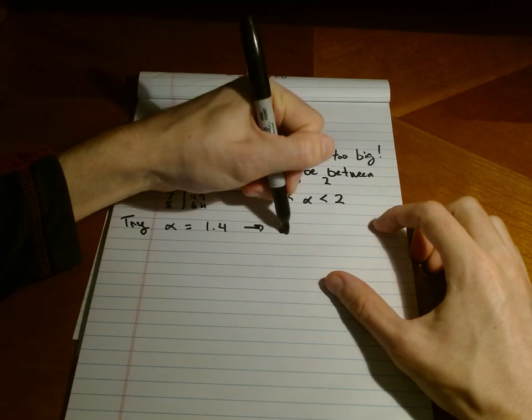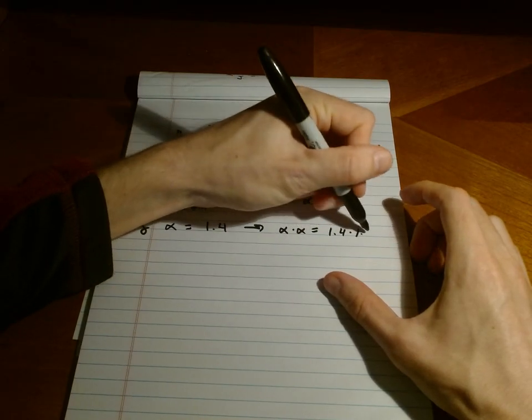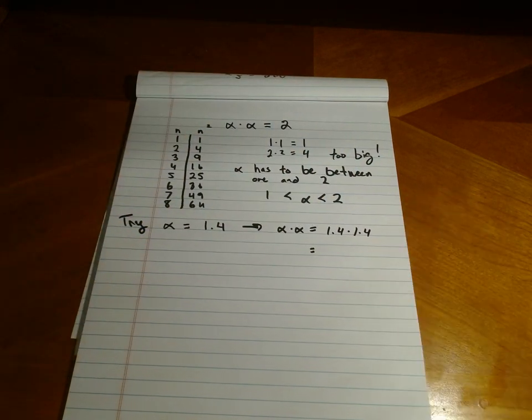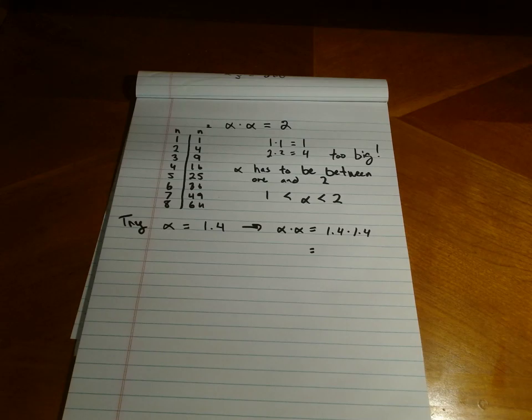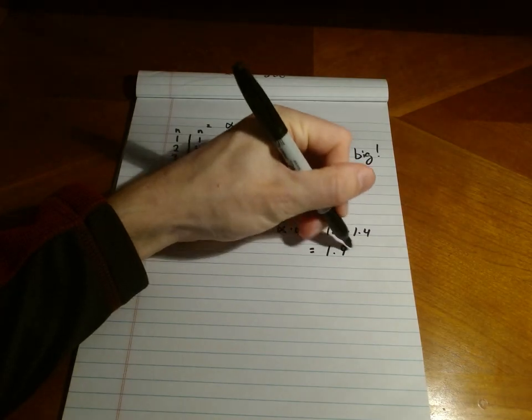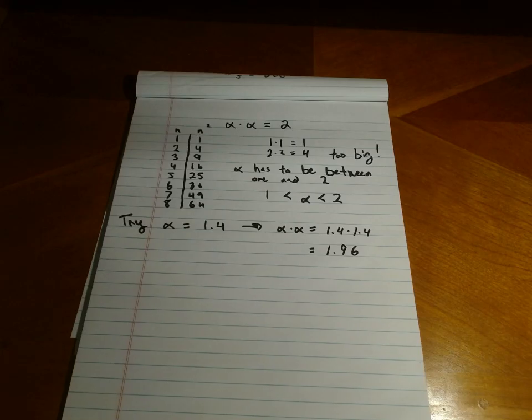This leads us to alpha times alpha is 1.4 times 1.4, which is equal to 1.96. Okay, that's not bad. That's pretty close to 2. It's not 2 exactly. It's like 400ths off.